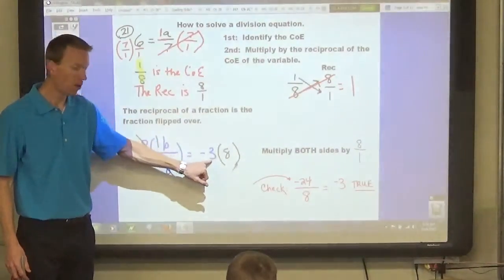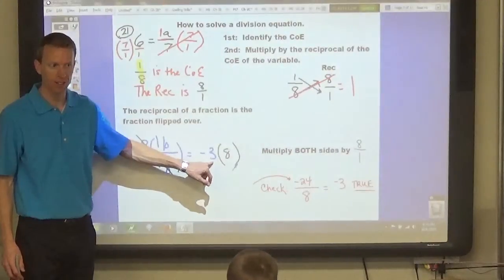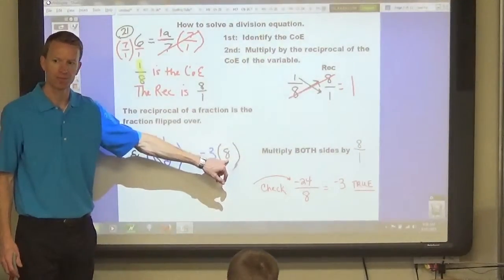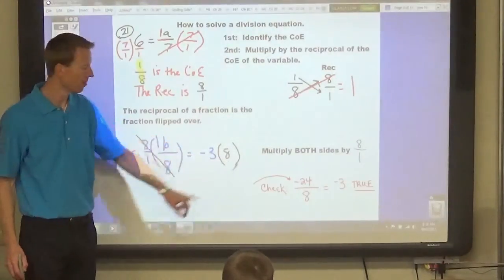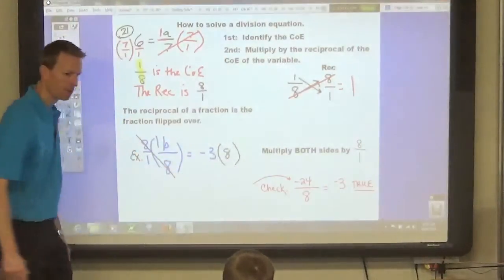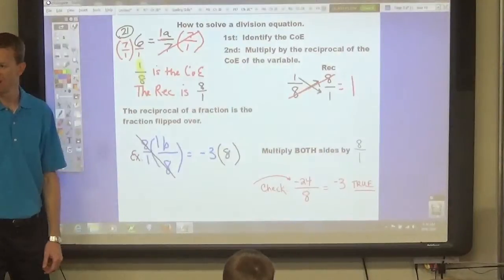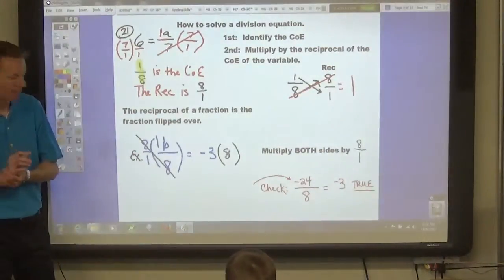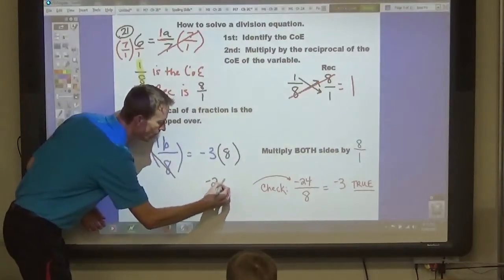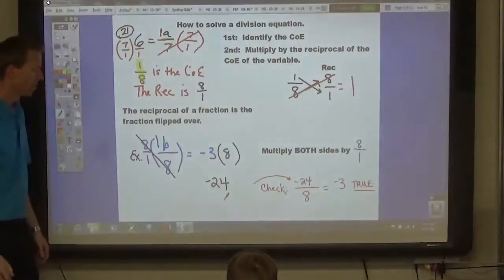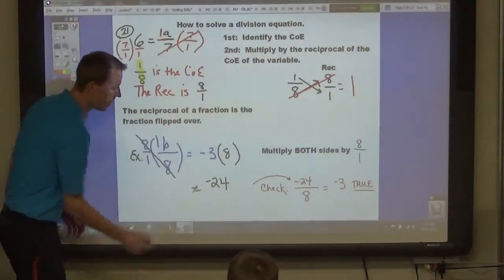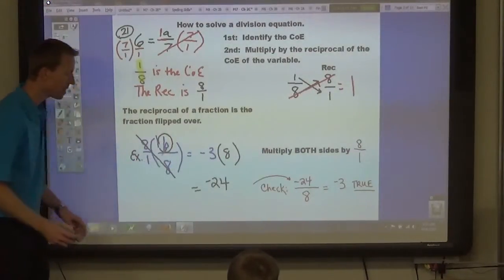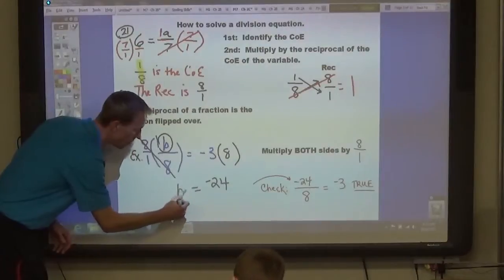And since I only have a whole number right here, negative 3, I can multiply negative 3 times 8. Alright? What is negative 3 times 8? Negative 24. What is negative 24 equal to? B. That's the only thing that's left here, 1b.